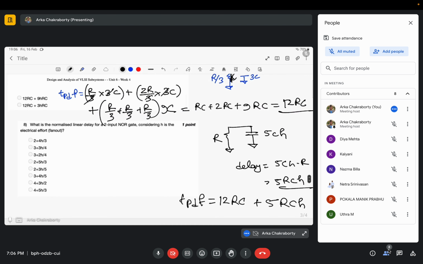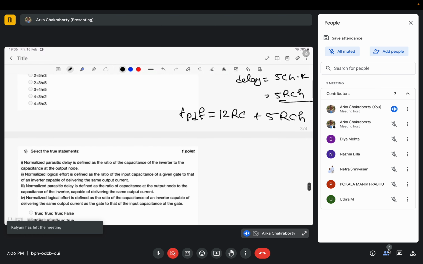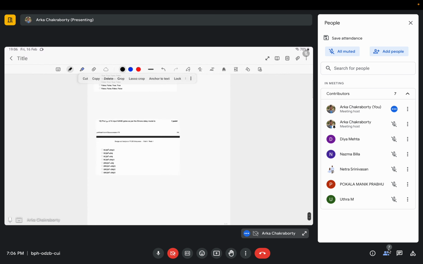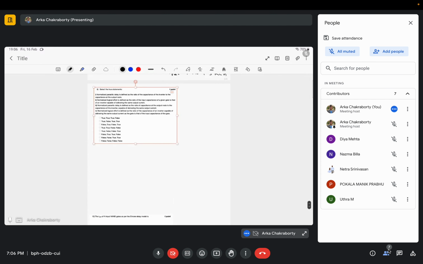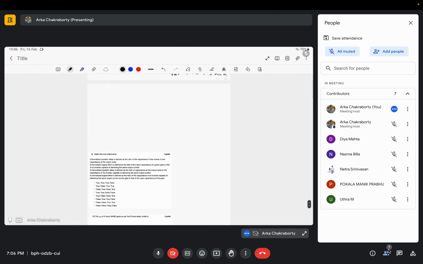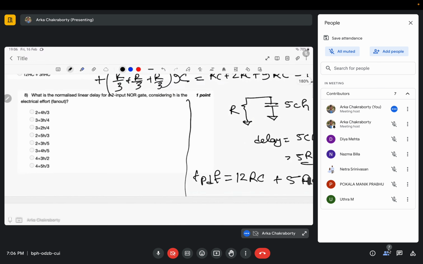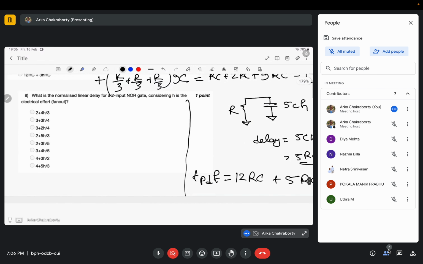What is the normalized linear delay for a 2-input NOR gate, considering h is the electrical effort? Okay, so h is the electrical effort. Need more space. It has been asked for a 2-input NOR gate.